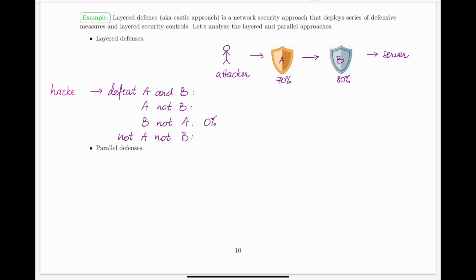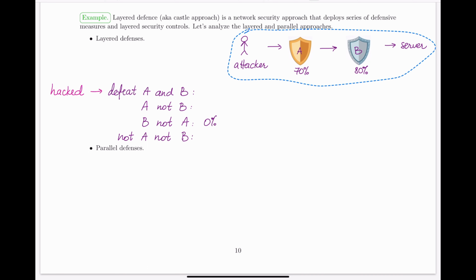So let's figure out how often does that actually happen? What percentage of the time does that occur? So what are we going to have here? The attacker must defeat A, and he then must carry on forward and defeat B. The control A is 70% effective in preventing an attack, which means that the attacker is going to be able to hack it 30% of the time.